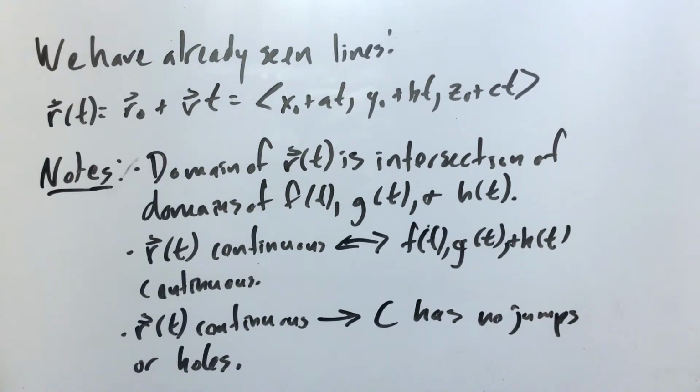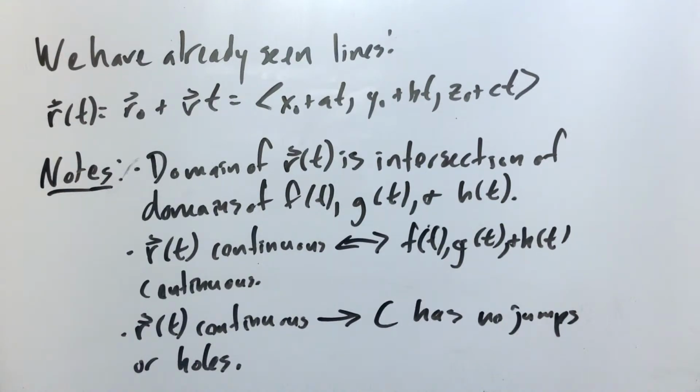Anyways, just a couple of notes. The domain of a vector function is the intersection of the domains of its component functions. So if we don't explicitly say where t comes from, we assume that t can be anything that can be plugged into f, g, and h.